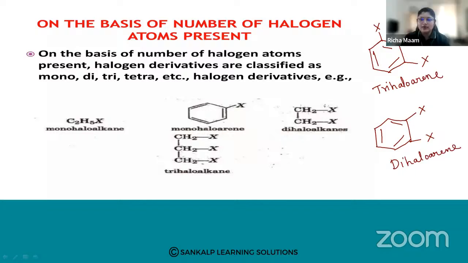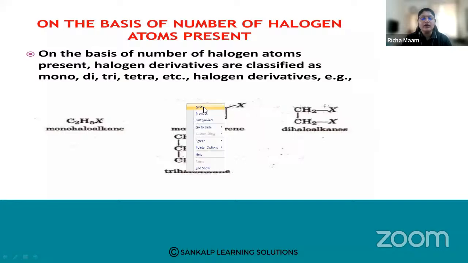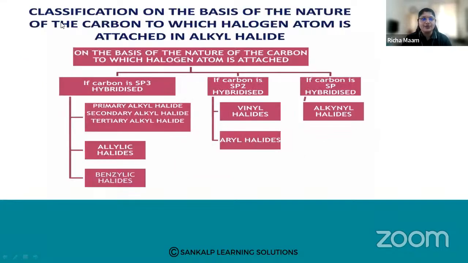So this is the classification based on the number of halogen atoms, and on whether it is aliphatic or aromatic. This was the first classification.